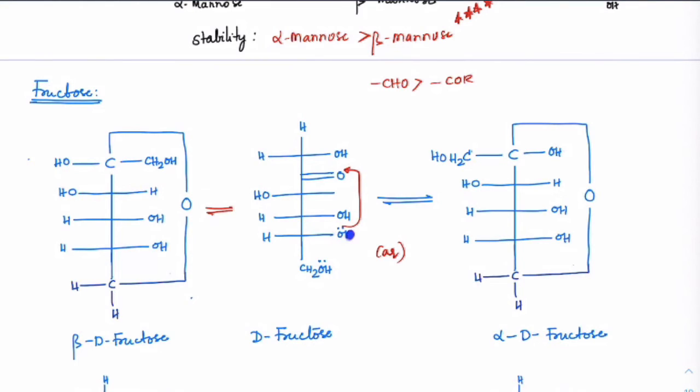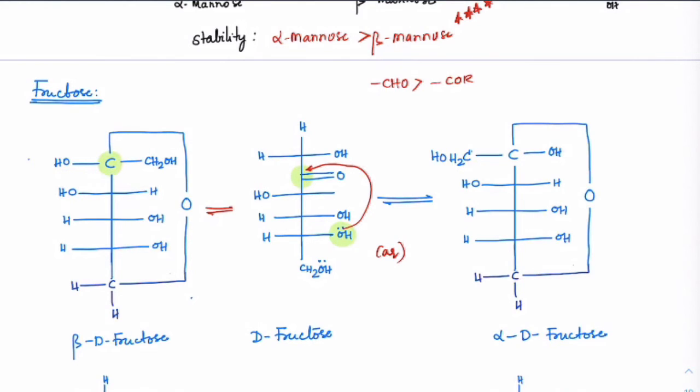This OH, which is on carbon 5, is attacking carbon 2. You can see on carbon 2 here. As it attacks here, this carbon will form a hemiacetal. This is that carbon. Check carefully, this carbon is the same as this carbon.